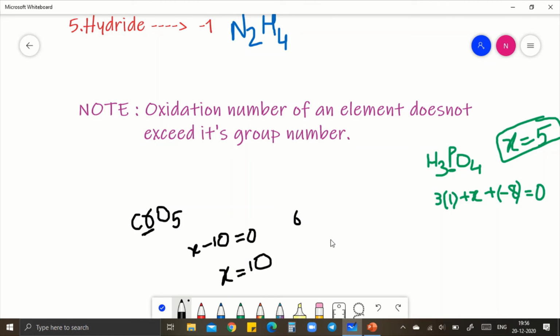Now we'll see how we have to calculate it. Draw the structure of CrO5. This is popularly known as the butterfly structure. For some compounds, you have to remember these structures.